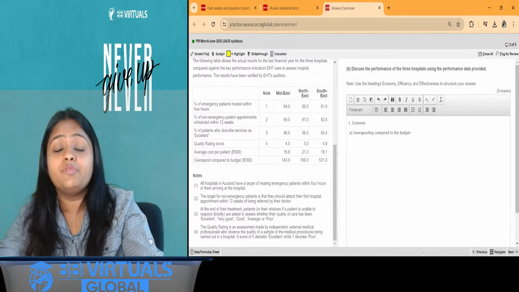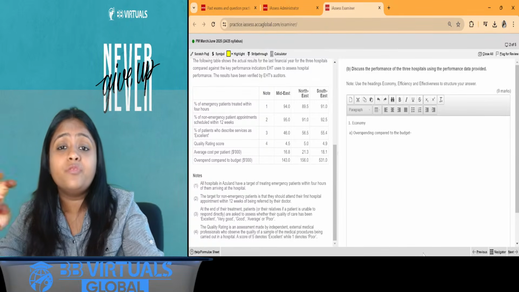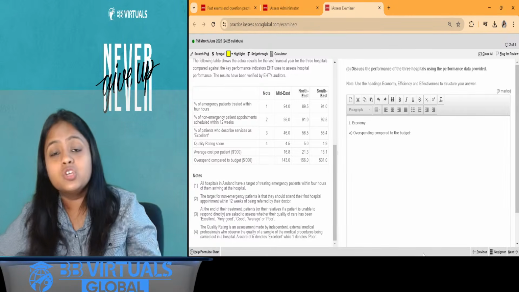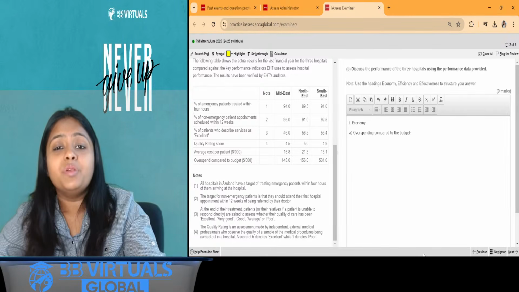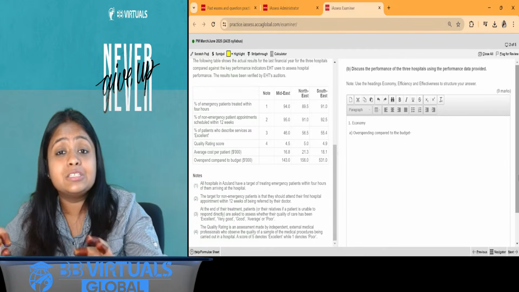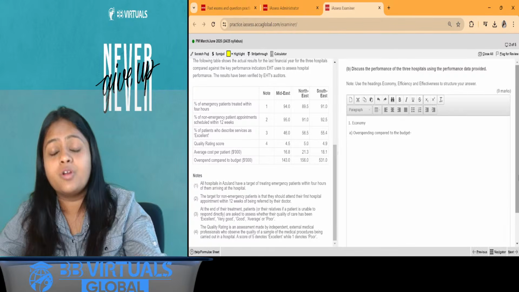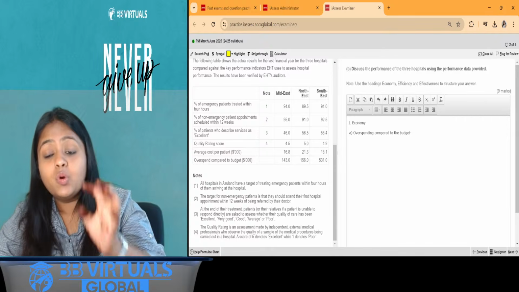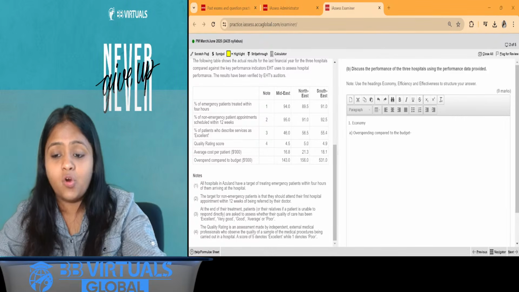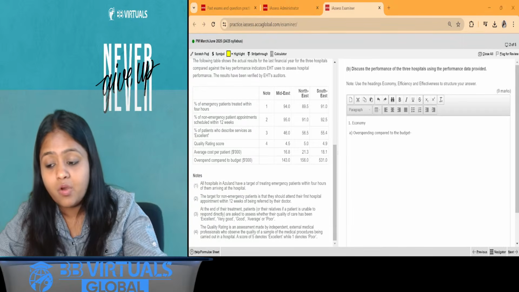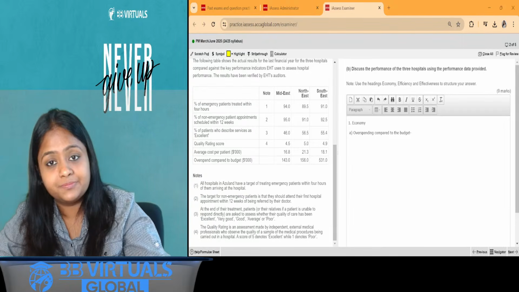Second point, however, we can say that none of the three hospitals are spending within the budget limits. As per the government instructions, where there is a need to reduce the cost, it is now highly imperative for the hospital to do a detailed investigation on the areas where there is overspending going on among all the hospitals.